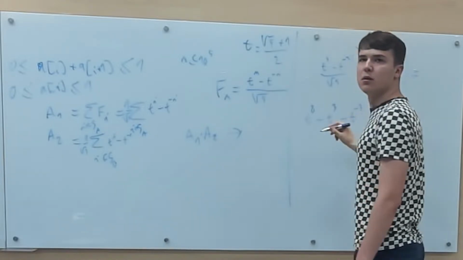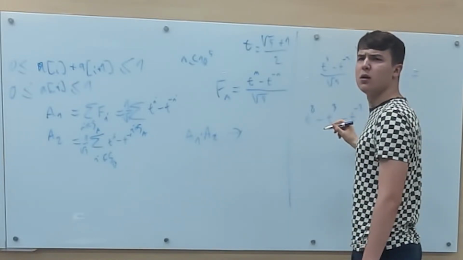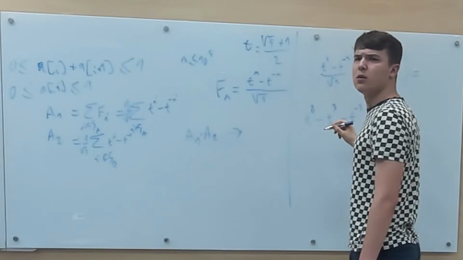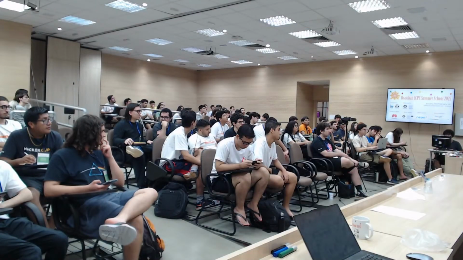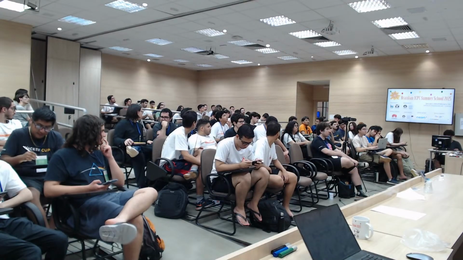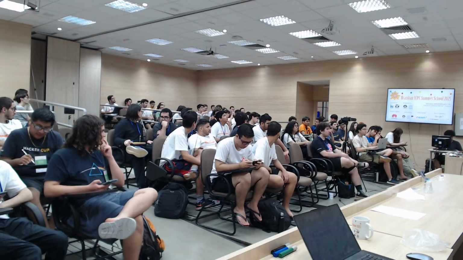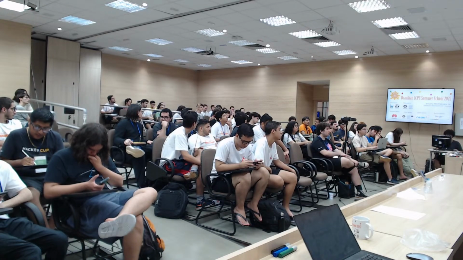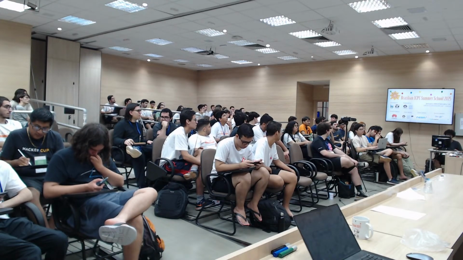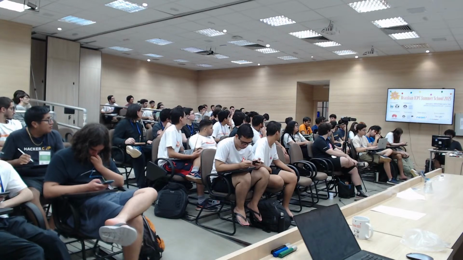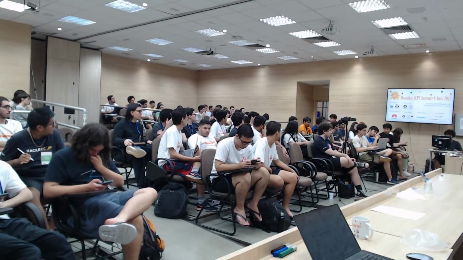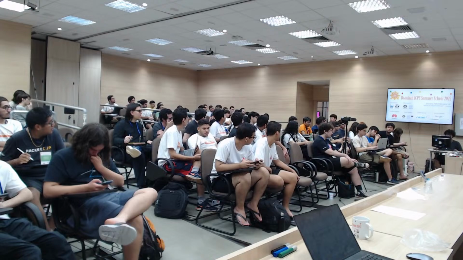You are multiplying two integers, a Fibonacci number. Right, so the answer should be an integer. So if the answer is something divided by 5, then the something is a multiple of 5. Yeah, but the coefficients won't be individually integers. The result will be an integer.